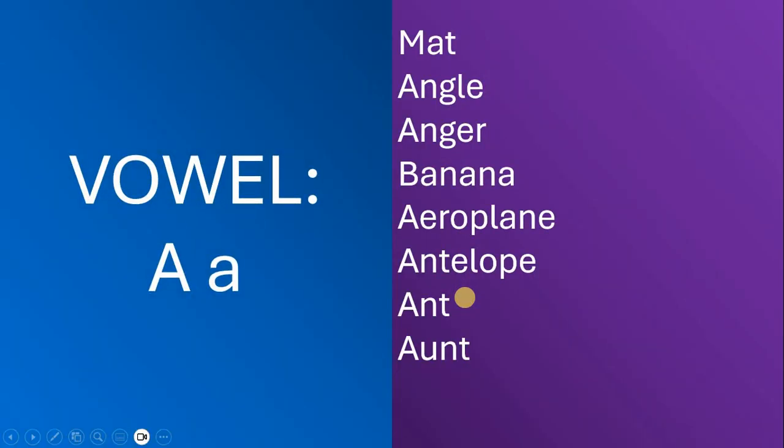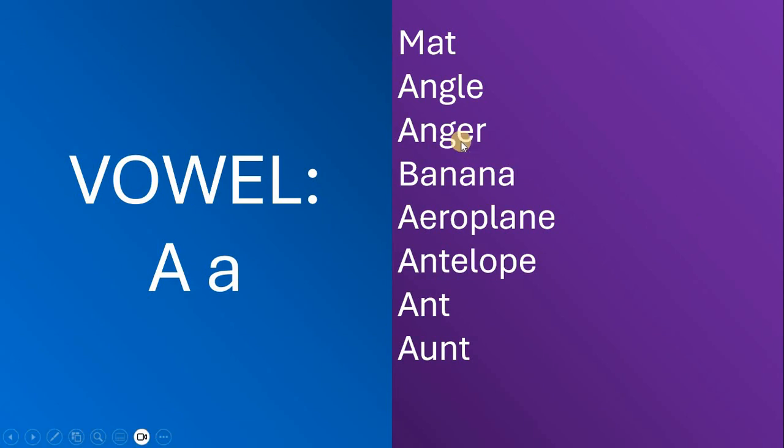The next, let's look at vowel a in full. We have mat. This is like a carpet, but that is made locally. Then we have angle. In mathematics, we have 2 lines, and where they meet, that's called angle.